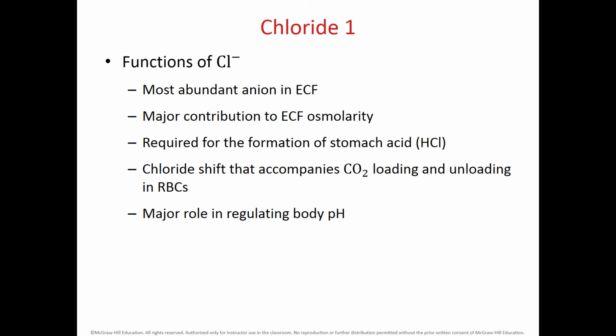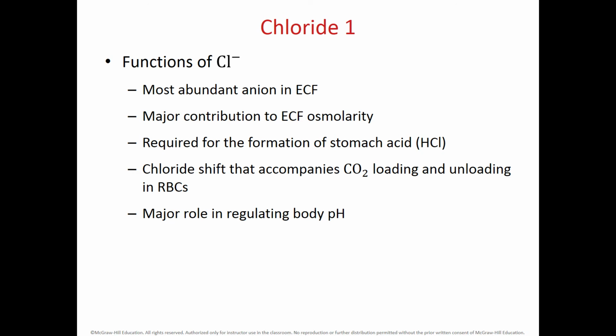Now for chloride, this will be the most abundant anion in the extracellular fluid, and it also plays a role in the maintenance of the specific osmolarity of the extracellular fluid together with sodium.